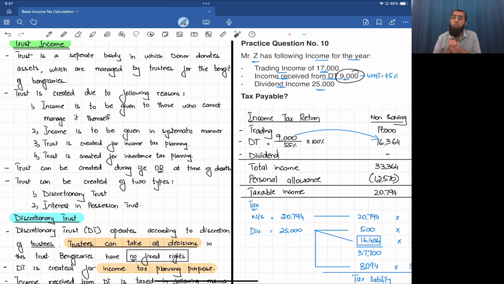Within the family, you can do a lot of planning. To do inheritance tax planning, when the assets are in the ownership of the trust, every time on the death, you are effectively saving your inheritance tax, because if it would have been in the ownership of an individual, on every death there is 40% IHT.